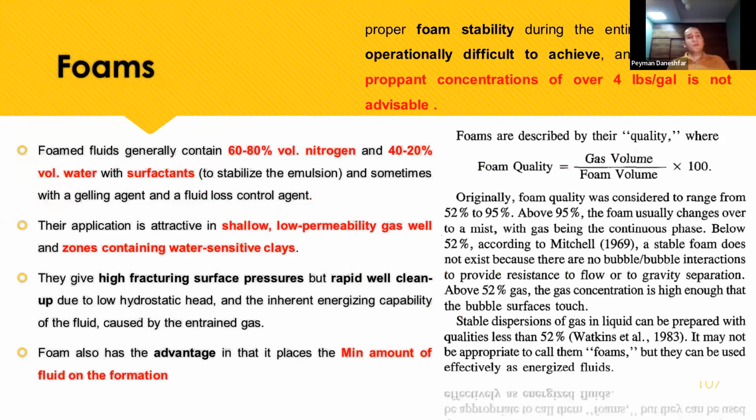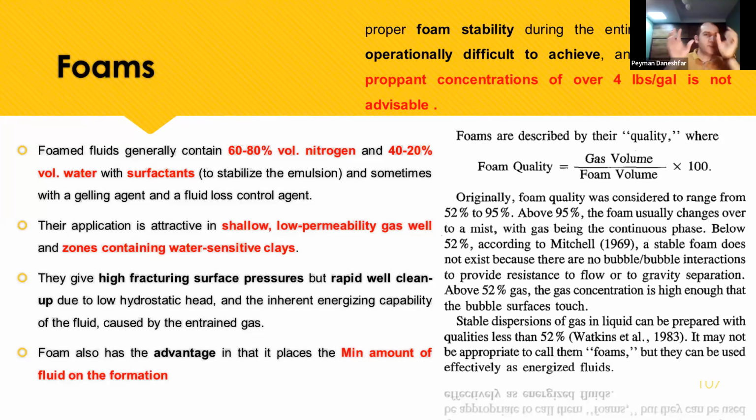What is the foam? Adding gas to water or oil means foams. Foam generally contains 60 to 80% volume of nitrogen and 40 to 20% volume of water with surfactant.